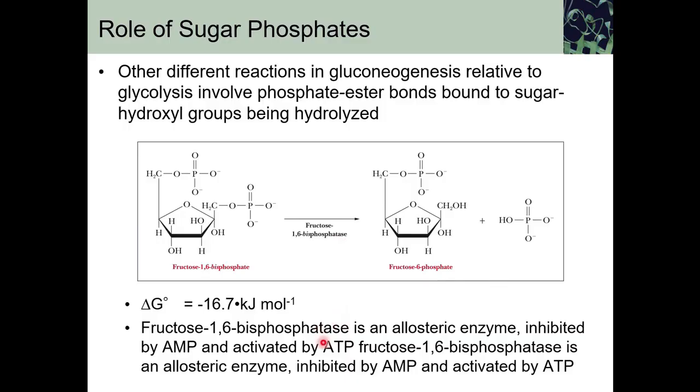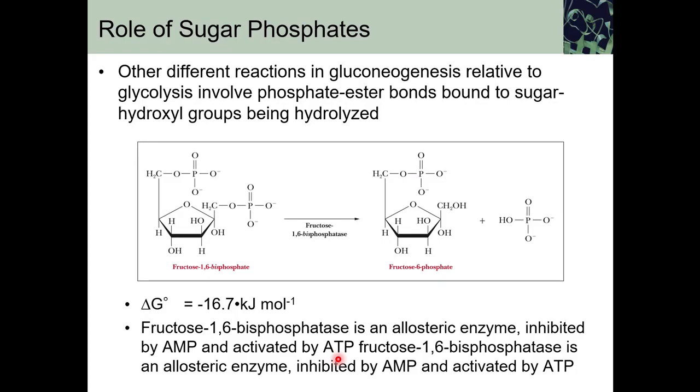Now, fructose 1,6-bisphosphatase is an allosteric enzyme that is inhibited by AMP and activated by ATP. Does this make sense? First, it is activated by ATP. It makes sense, right? If you already have a lot of ATP, then you do not need to oxidize glucose. So fructose 1,6-bisphosphatase, the enzyme that converts fructose 1,6-bisphosphate to fructose 6-phosphate, is activated.